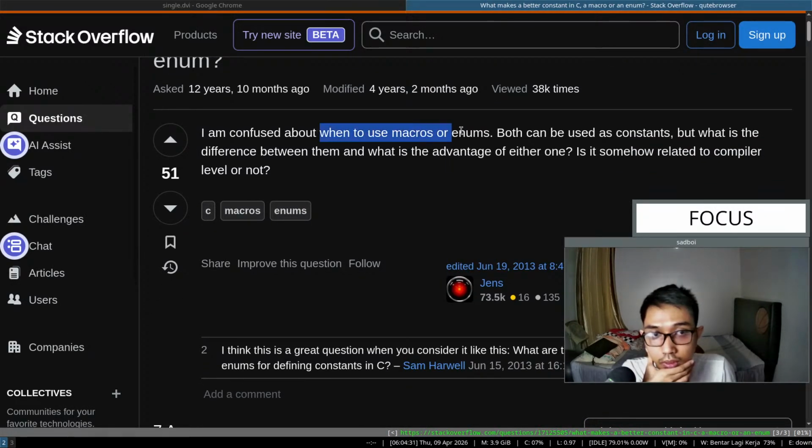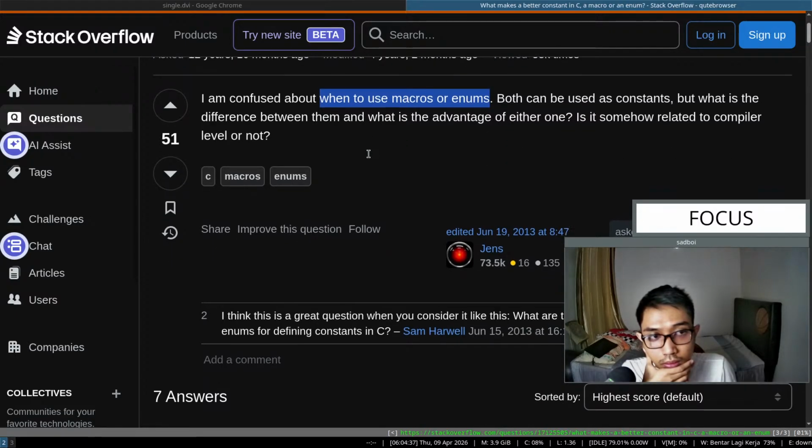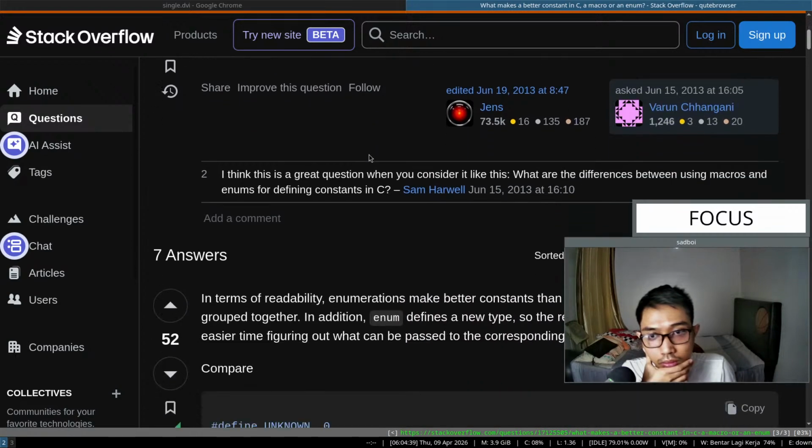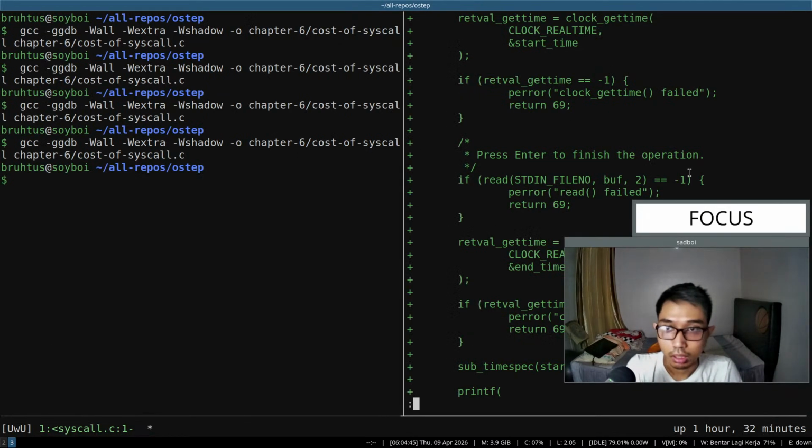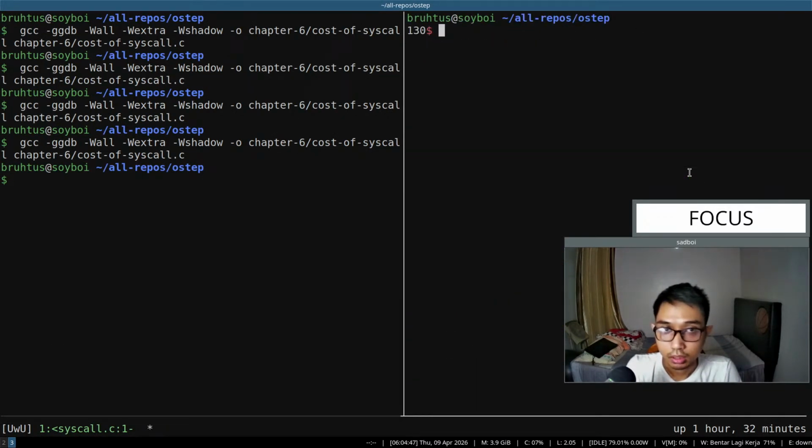When to use macro or enum? I mean, when using macro, as far as I understand, it's like a text substitution.